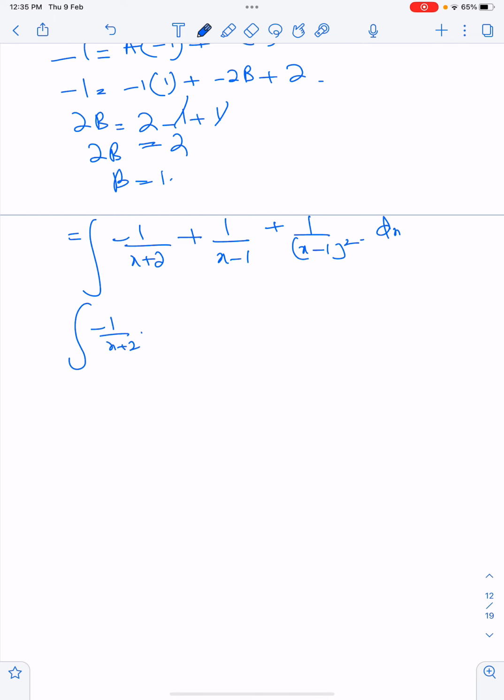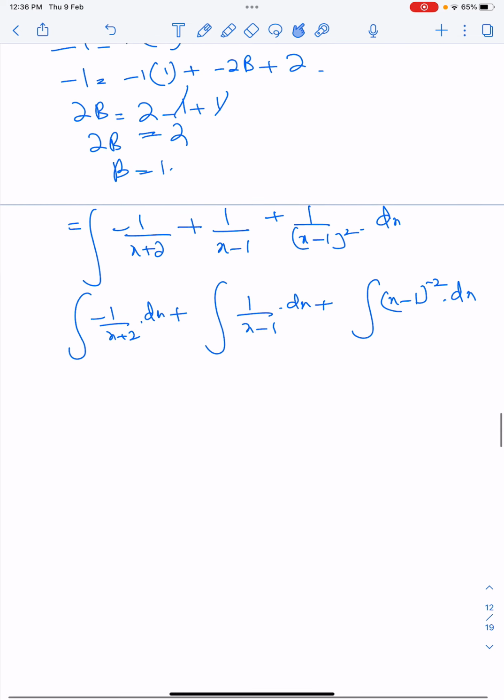Minus 1 upon x plus 2 dx, plus 1 upon x minus 1 dx, plus I can write this up in the numerator, x minus 1 to the power negative 2 dx. Why did I write this up in the numerator? The reason being, this I know I can do with ln x, this I can do with ln x, but this if I expand that will become more complicated, so I brought it up in the numerator. Now I can integrate this.